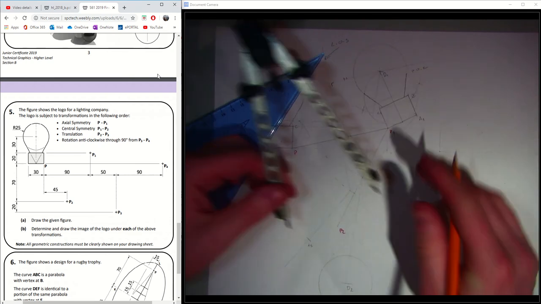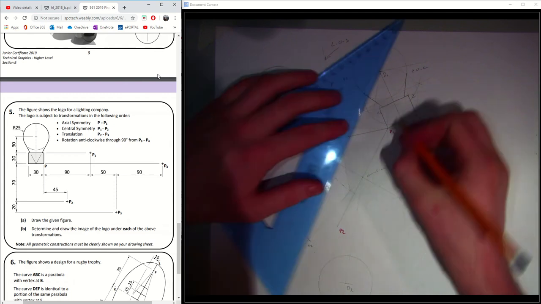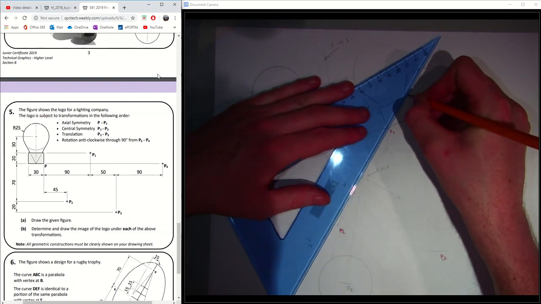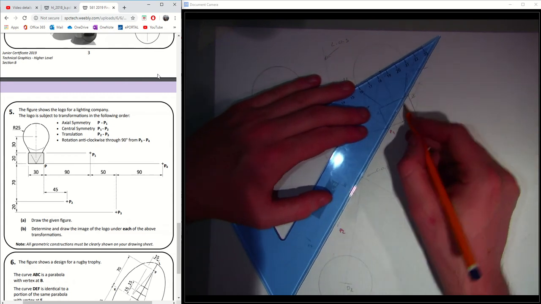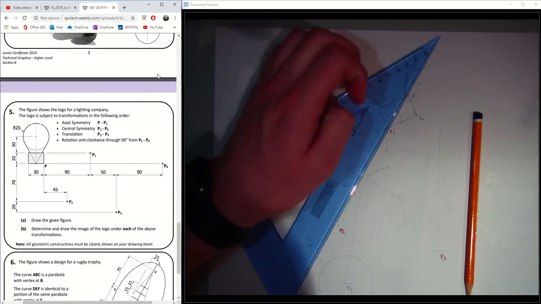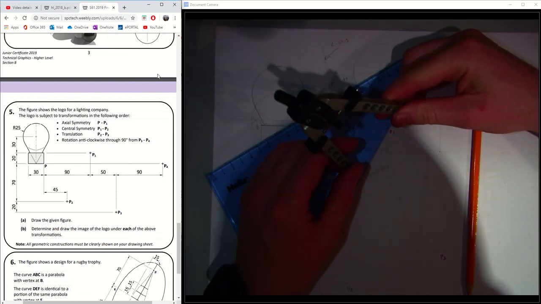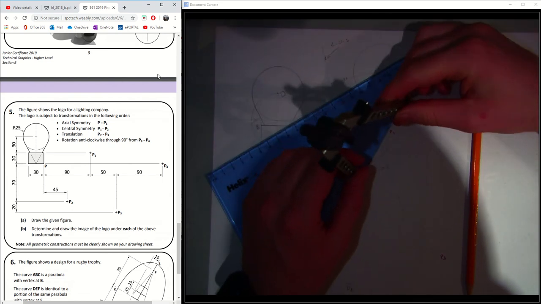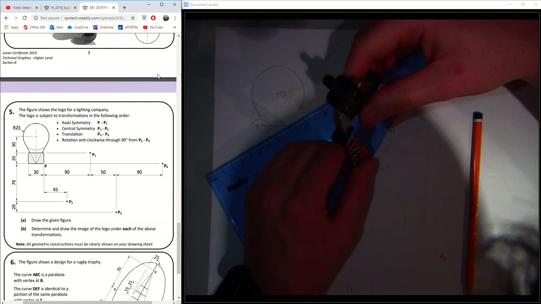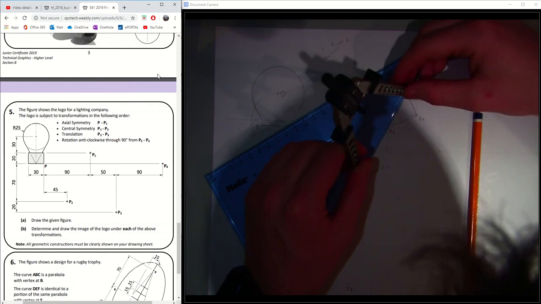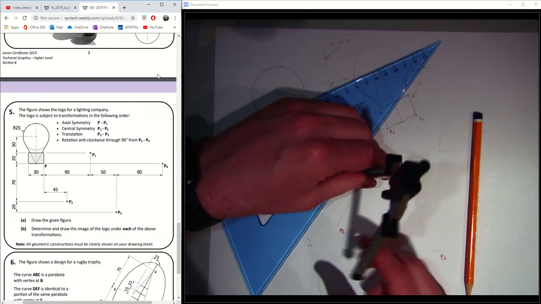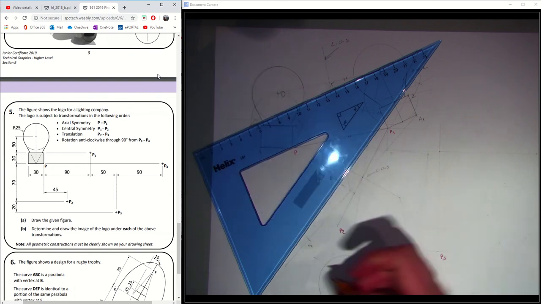That's getting me A2. Now B1, so I want to find B2. It's along the same line. I'll leave my set square there so I know what line I'm going to, and if I rotate it around, it's going to get me B2.